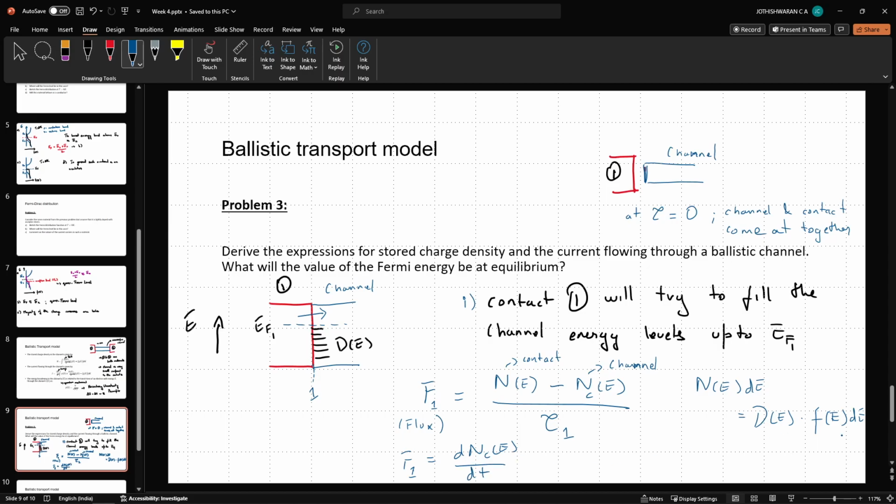Again, this should be F1 of E. Yes, I should clarify here. This is the Fermi distribution function for material 1, which implies EF will take the value EF1. So F1 is equal to dNc of E by dt.